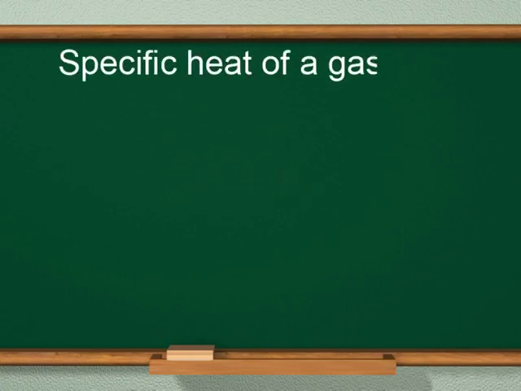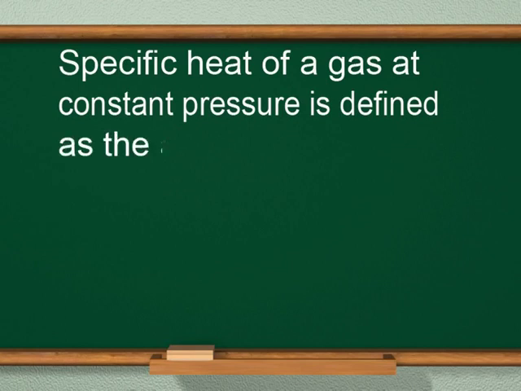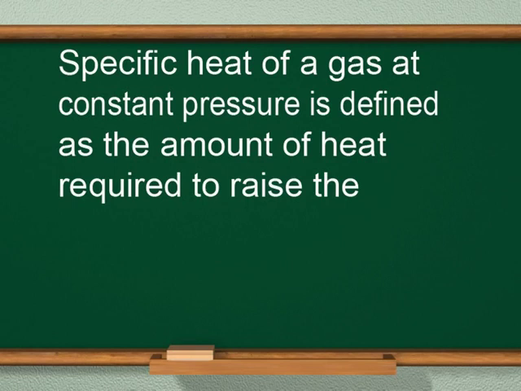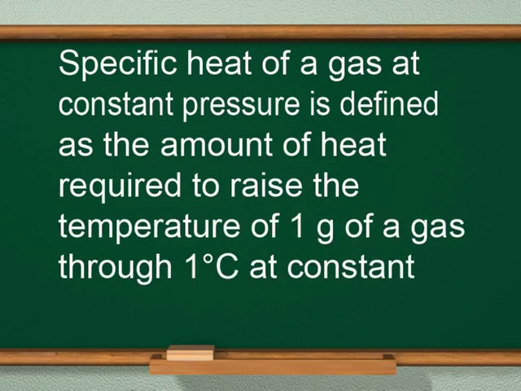Also, specific heat of a gas at constant pressure is defined as the amount of heat required to raise the temperature of 1 gram of a gas through 1 degree Celsius at constant pressure. It is denoted by small cp.